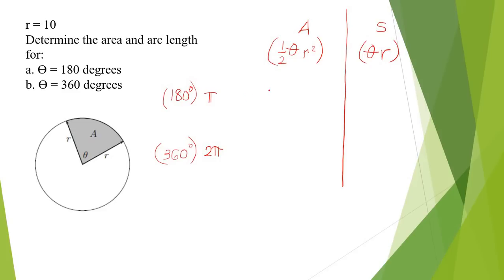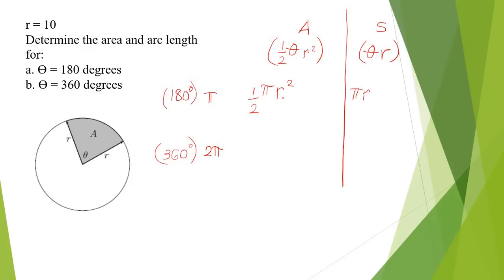Okay, so for our area, when we have theta equals pi, we have 1/2 times pi times r squared, and the corresponding arc length is equal to theta, which is pi, times r.